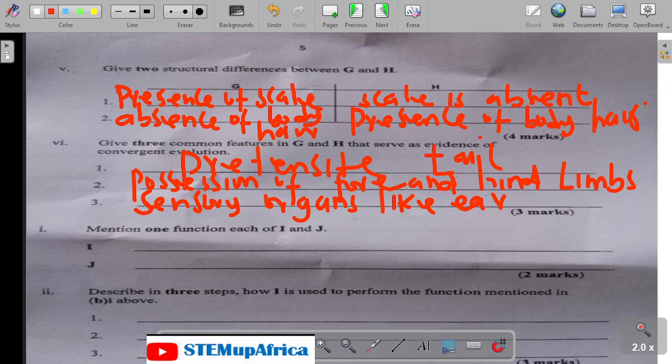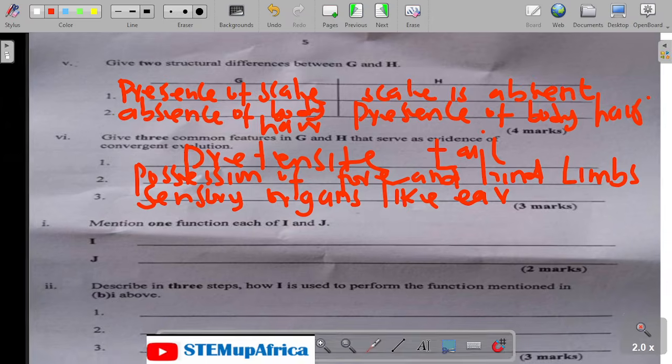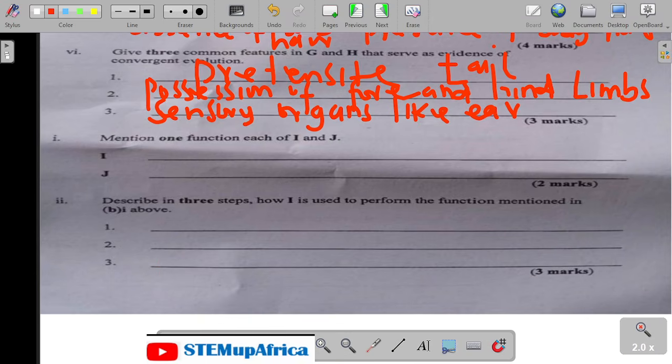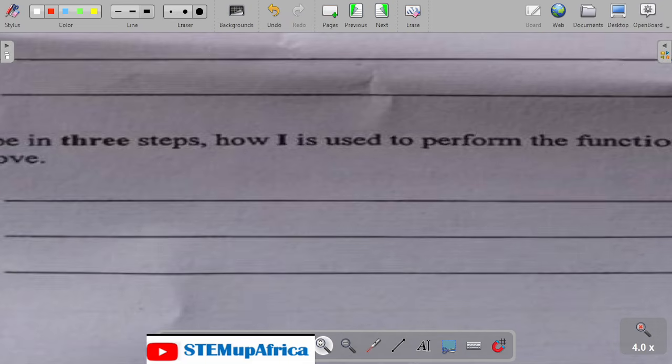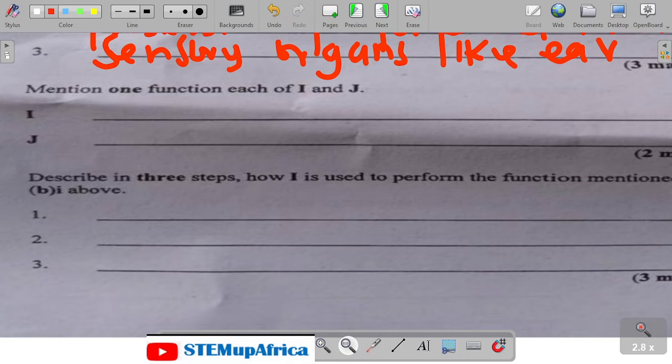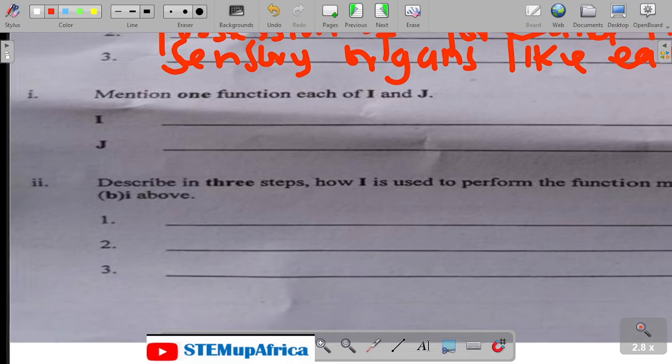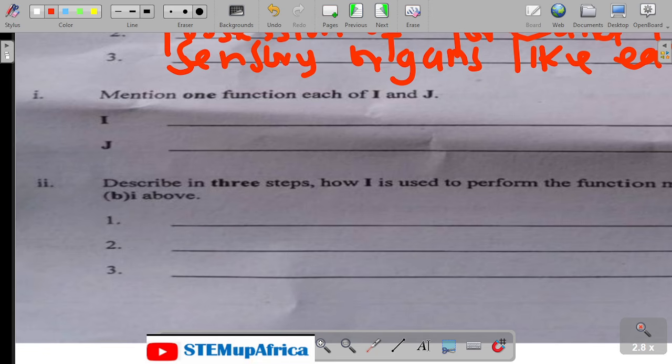So let's go to I. It's a mention of the function of I and J. I is to estimate the population of small plants.